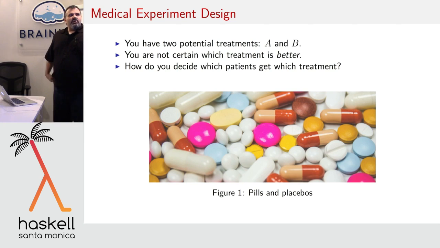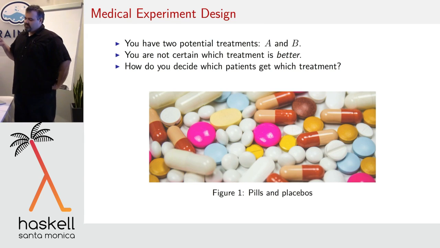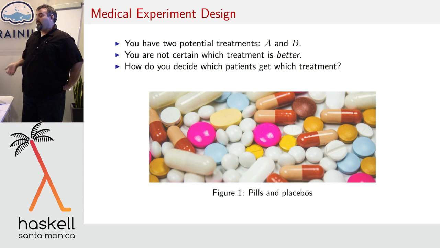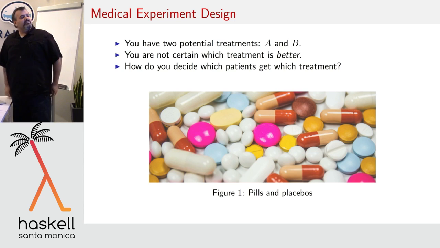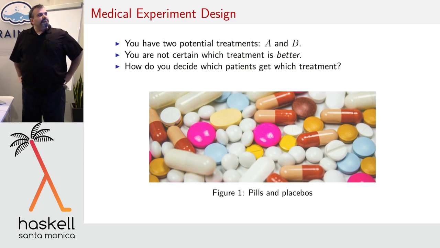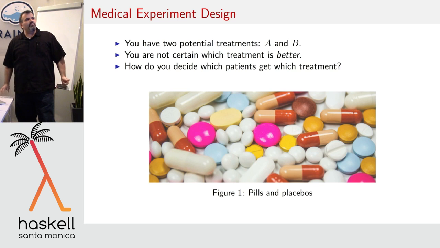So you pick some trait, like hair loss, and you want to say maybe prevent hair loss. You pick some criteria, and then you measure better by which one prevents hair loss more frequently. But you pick some criteria for which you're going to measure better.